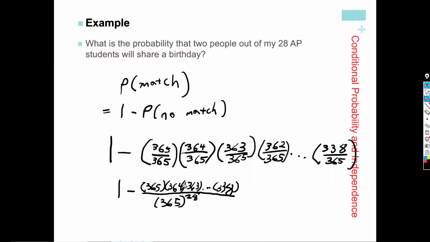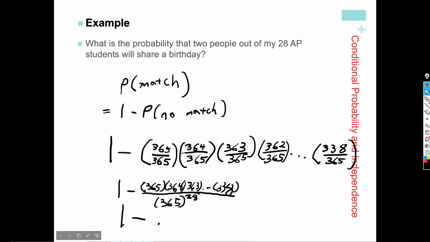Do 365 times 364 times 363 and so on, all the way down to 338. So then get this entire top, everything out on the top, and then you want to divide it by 365 to the 28th. So I'm going to give you about 2 minutes to do some calculator work.